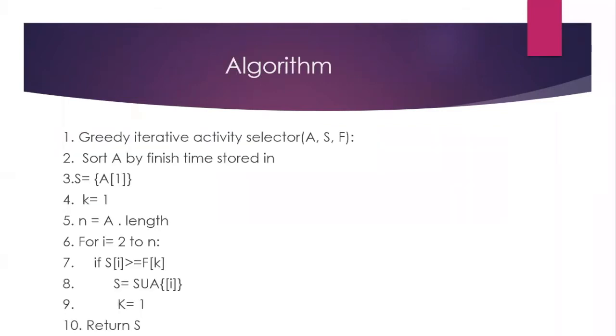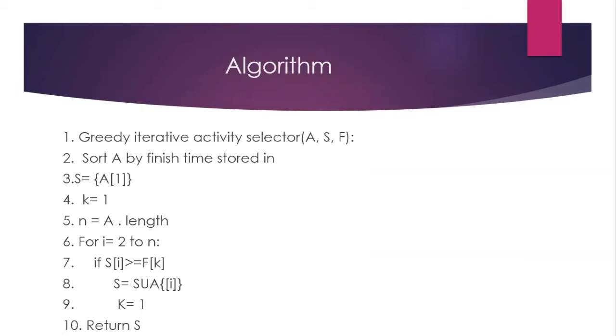Now I am going to explain the algorithm of the activity selection problem. At the first step, we have to take three arrays A, S, F, which contain the activities, starting times and finishing times sequentially. Then we have to sort the activities according to their finishing time in ascending order.